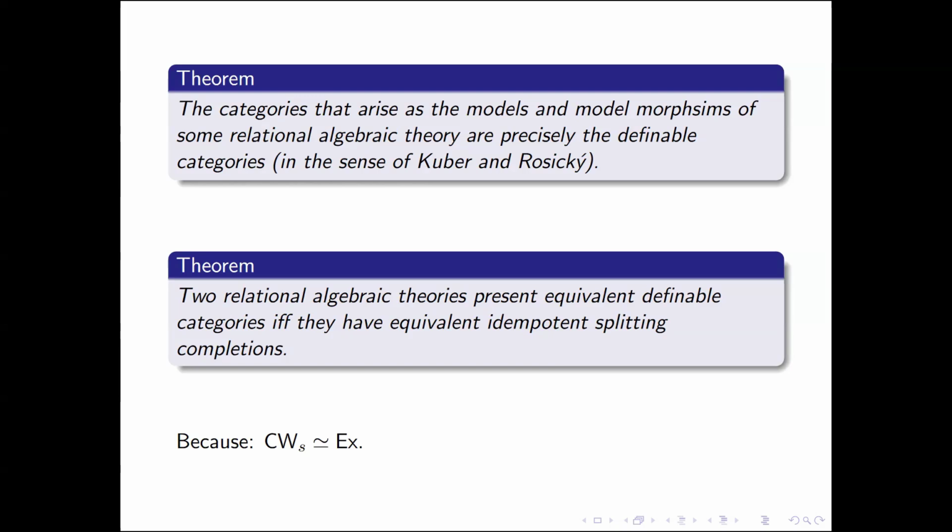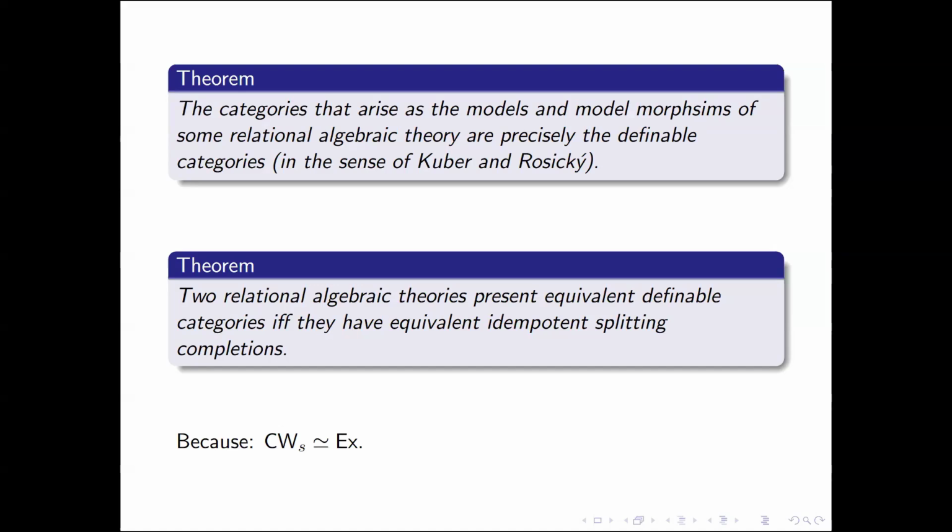And then just like partial algebraic theories and the classical algebraic theories, two of these relational algebraic theories turn out to present equivalent definable categories if and only if they have equivalent idempotent splitting completions. So again, the fact that this part of the story rhymes is very exciting because it doesn't always. And why?